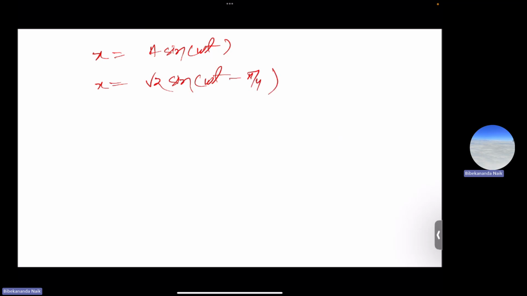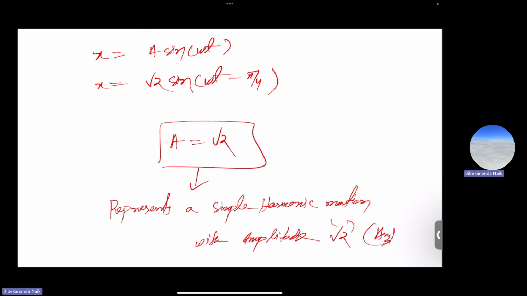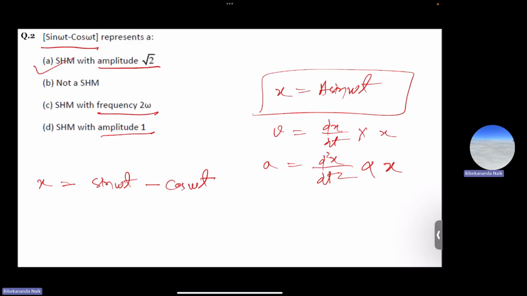So here the amplitude is root 2, so it represents a simple harmonic motion with amplitude root 2. So the correct answer will be option A, simple harmonic motion with amplitude root 2.